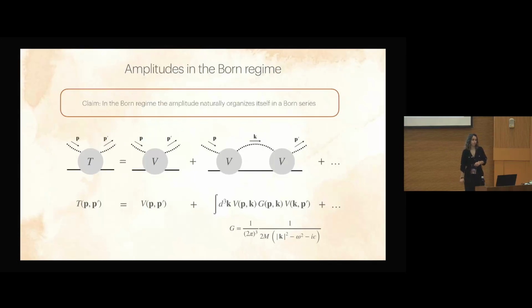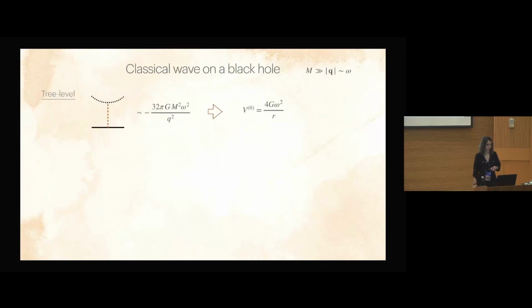So let me just show you explicitly what this looks like for gravity. So if you want to describe a wave, a massless wave scattering against a black hole with, let's say, Feynman diagrams, the first diagram you would draw is this one. Let me take a scalar wave for the rest of the talk. And this is a simple tree-level diagram. It has a t-pole.